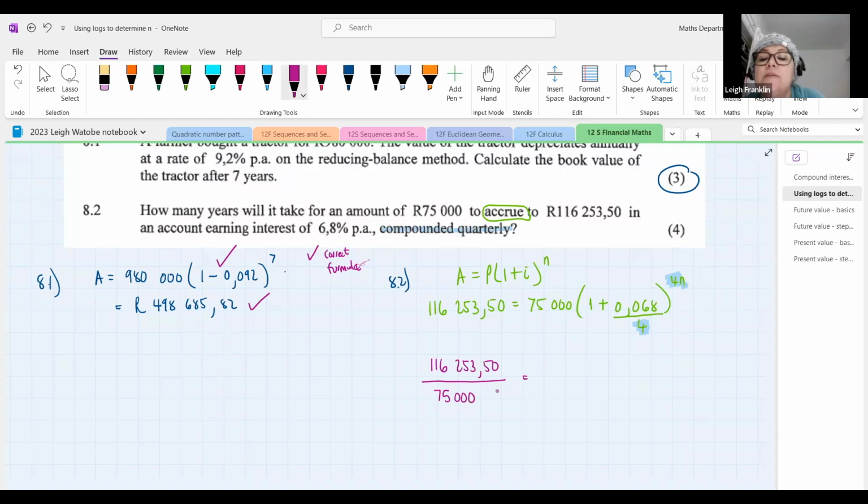Okay, and that is going to be equal to, let's work out the value of our brackets. So 1 plus 0.068 over 4 gives us, I get, 1017 over 1,000, to the 4n.